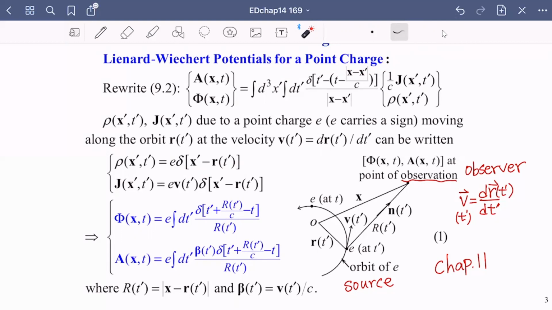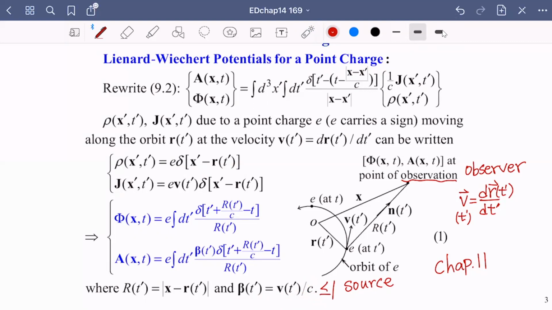So the solution here is called R. That's the definition: the absolute value of the separation between observer and source. And beta is the velocity normalized with respect to the speed of light, so it's a normalized velocity, always less than or equal to 1.